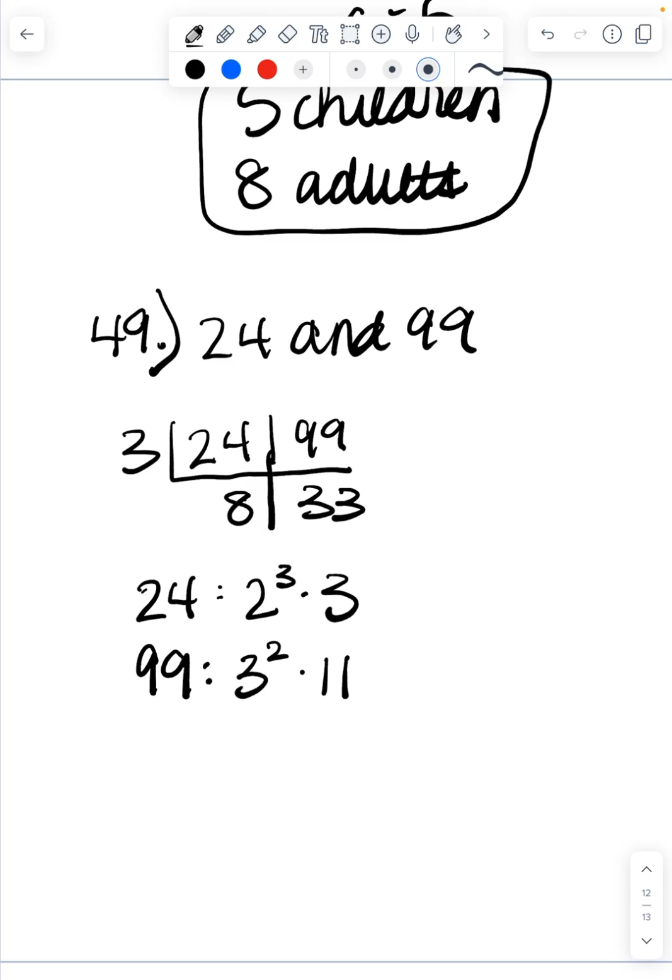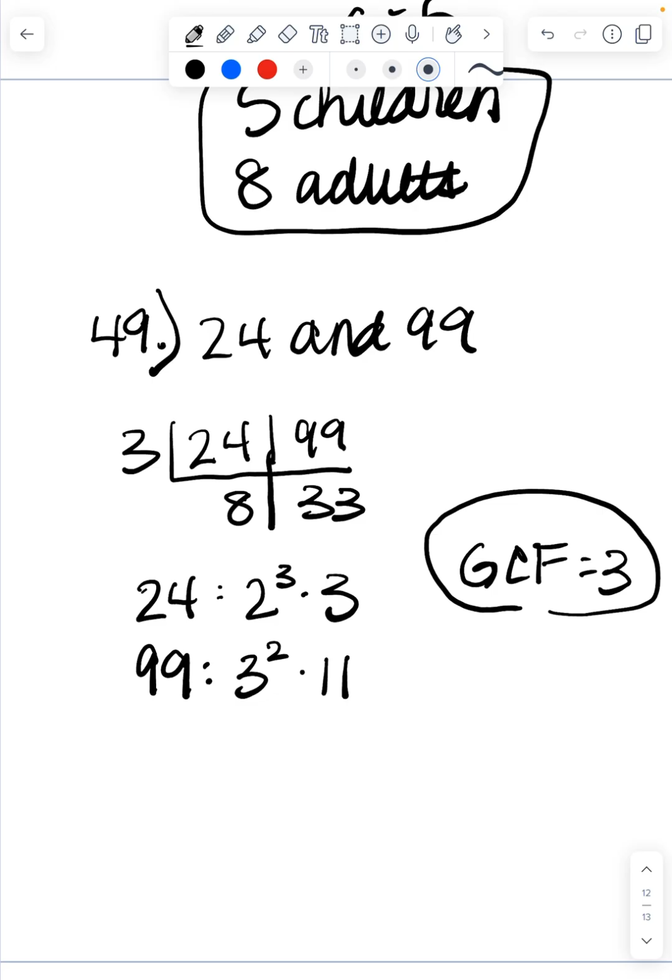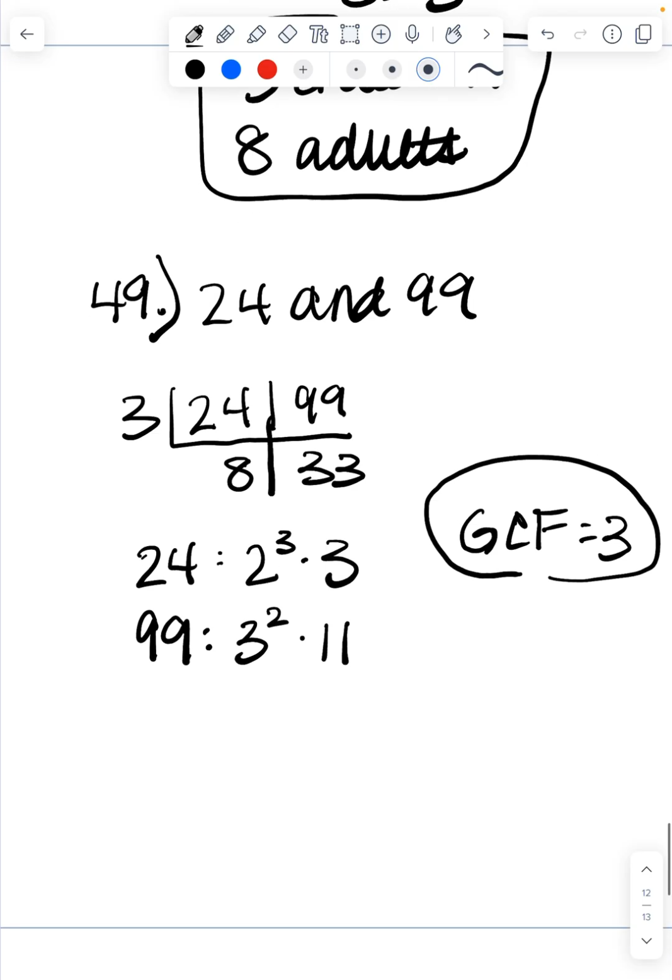I found out that my GCF was 3 from my factor ladder. And then my LCM, I'm going to just use the highest of each one of these here. So LCM is going to be 2 cubed times 3 squared times 11. And that's going to get me 792.